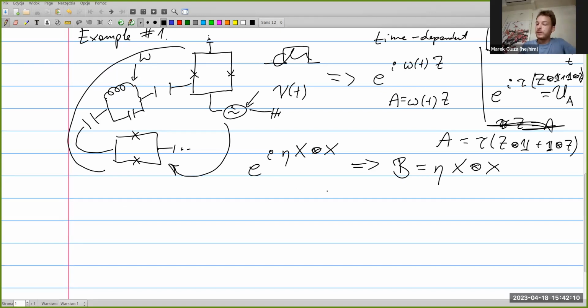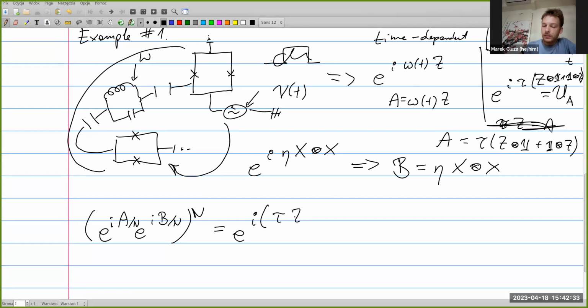So now the first operation is that we could use that formula. So e to ia times e to b divided by n to power n to approximate the evolution e to i tau z tensor identity plus tau identity tensor z plus eta x tensor x.